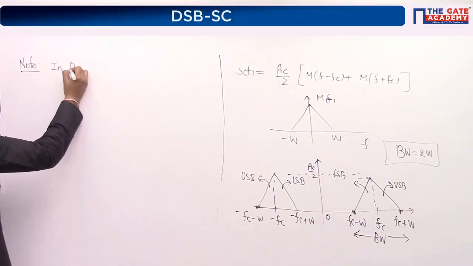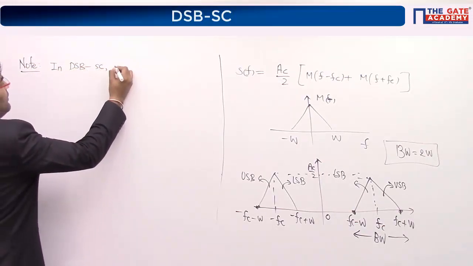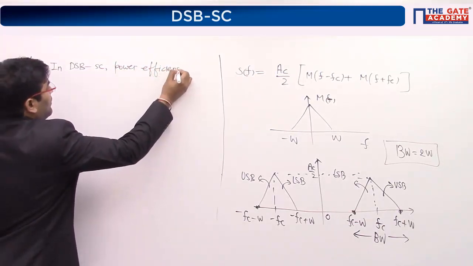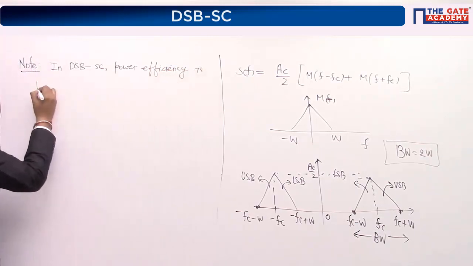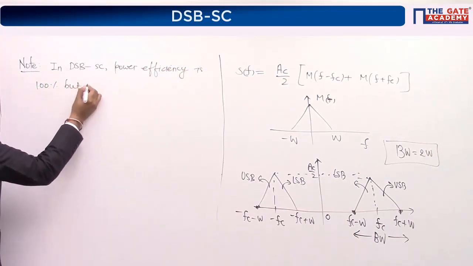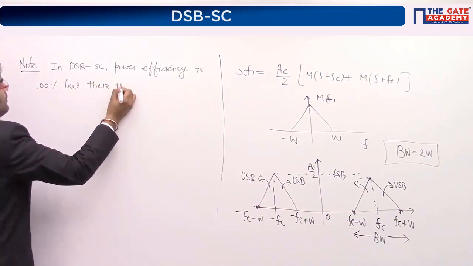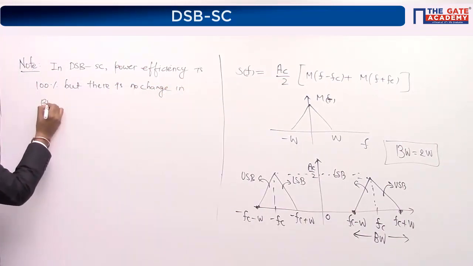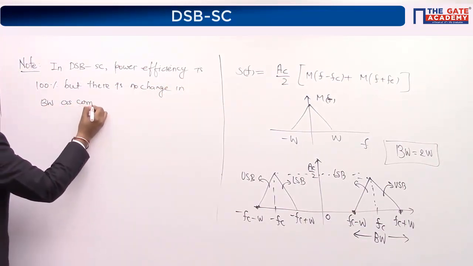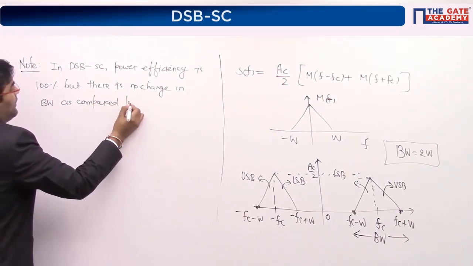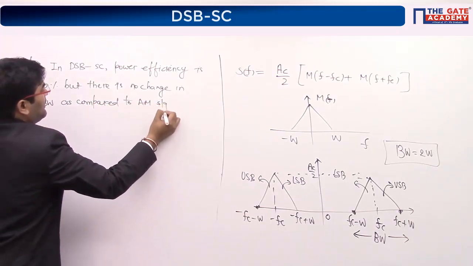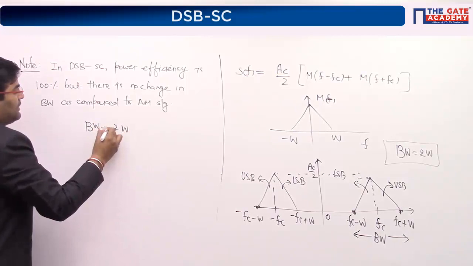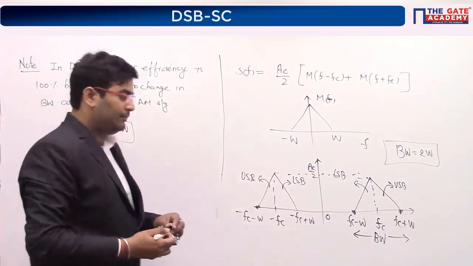In DSB-SC, power efficiency is 100%, but there is no change in bandwidth as compared to the AM signal. Bandwidth is still twice W. Please write it down.